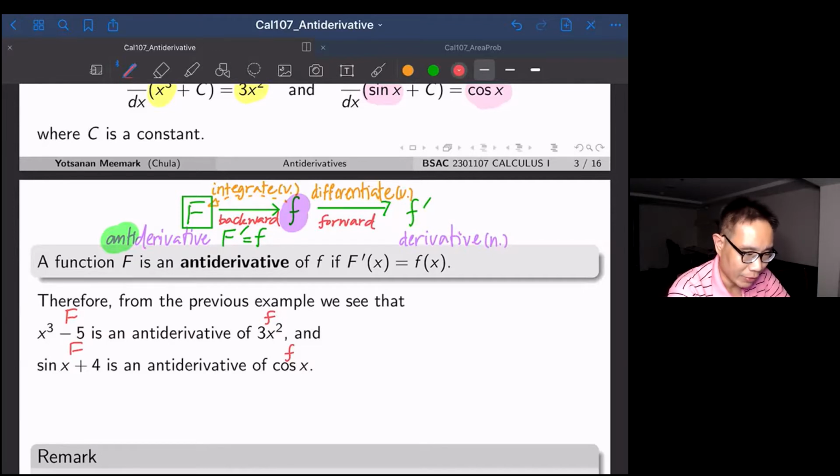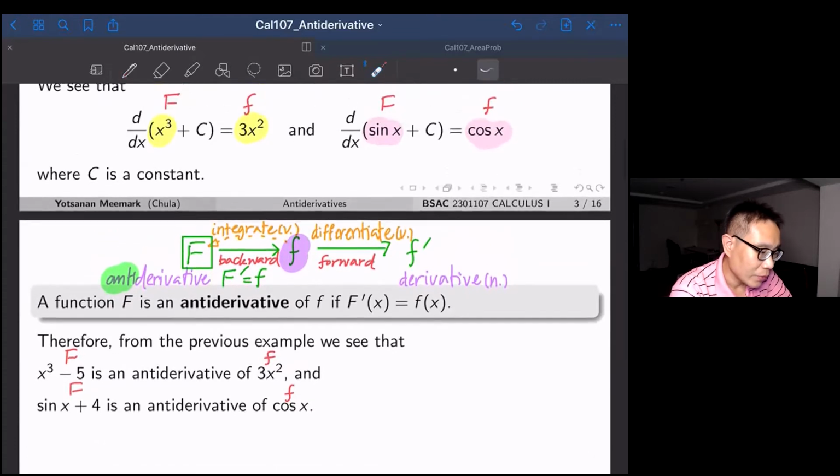Read forward, 3x squared is a derivative of x cubed minus 5, and cosine x is a derivative of sine x plus 4. Read backward, x cubed minus 5 is an antiderivative of 3x squared, and sine x plus 4 is an antiderivative of cosine x.